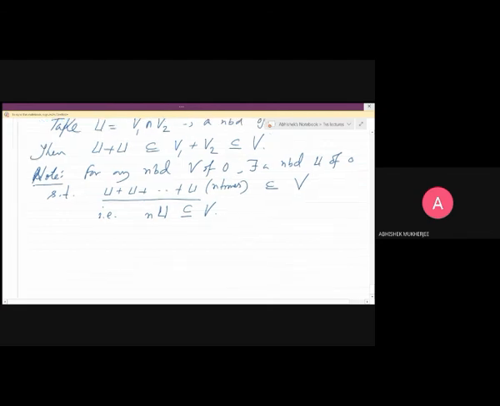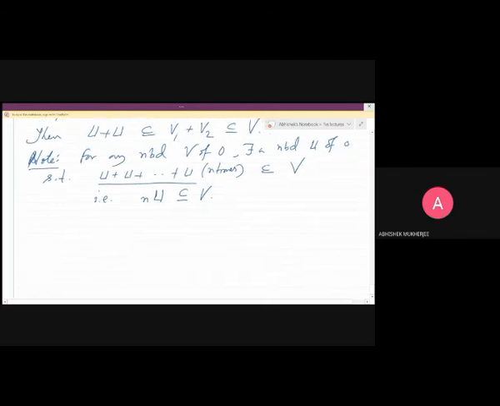Now I would like to stop by defining another important concept, which is symmetric sets in a topological group. So let G be a topological group.